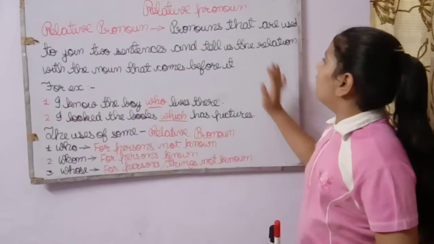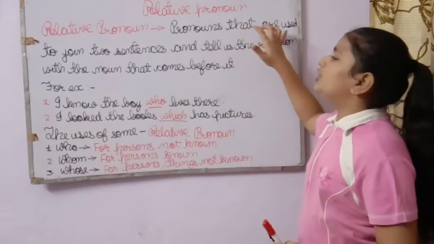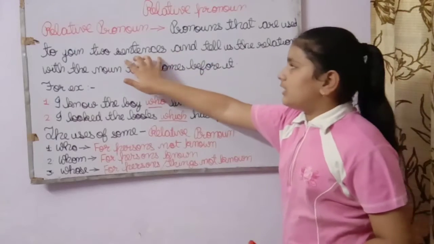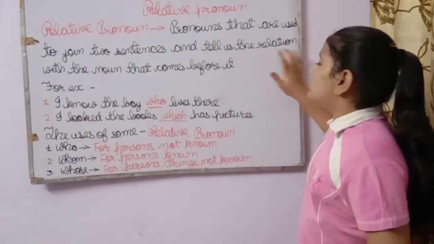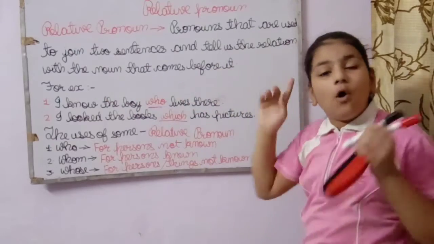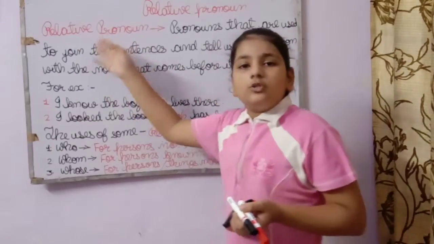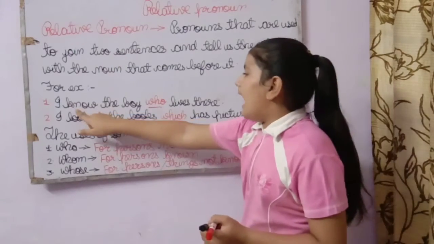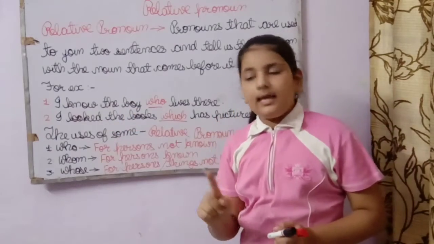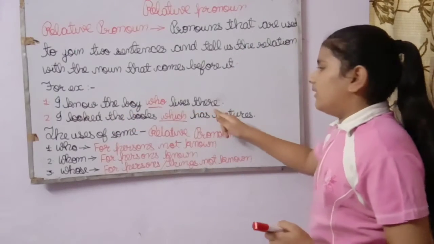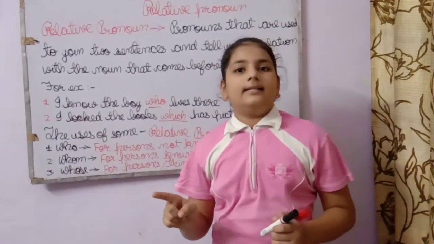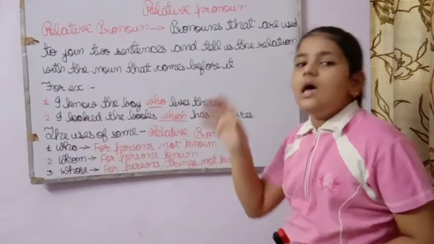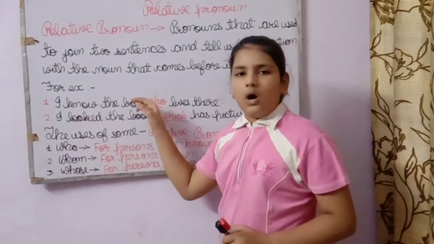Here we have learned that pronouns are used to join two sentences, but also tell us the relation with the noun that comes before it. In these examples, "I know the boy" is one sentence and "lives there" is a different sentence, and to join them we are using the word "who".